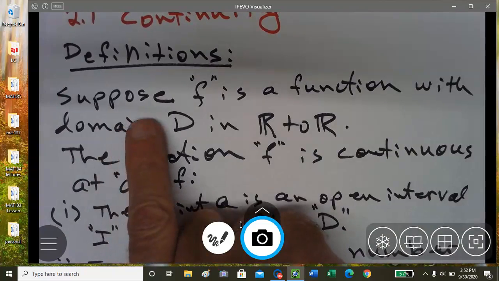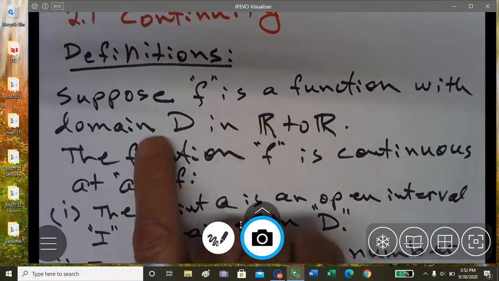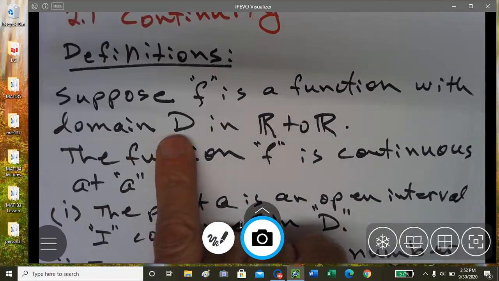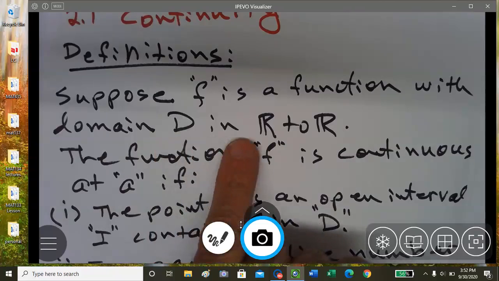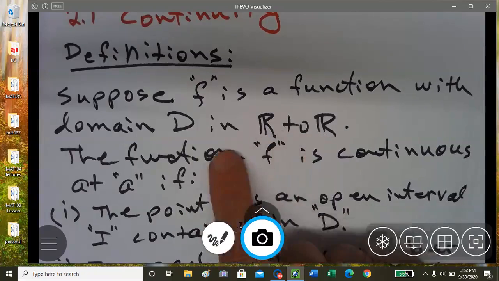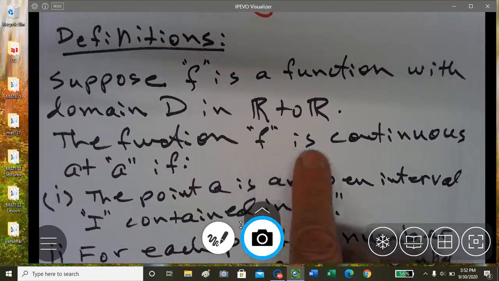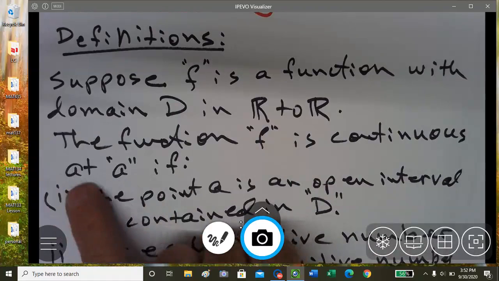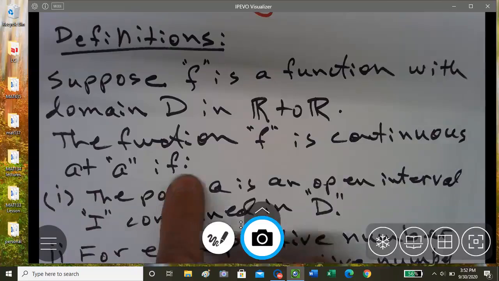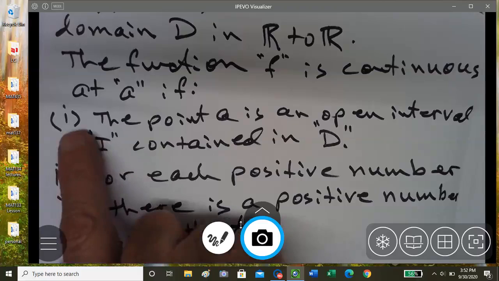Okay, first, suppose f is a function with domain D, from real numbers to real numbers. The function f is continuous at some point A if two conditions hold.